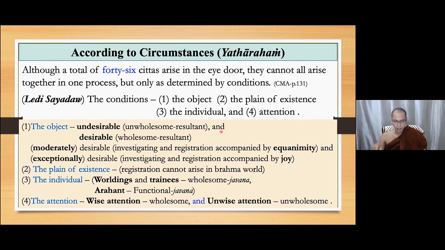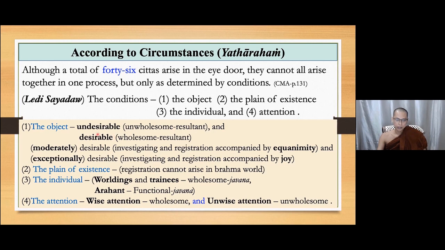That is investigating consciousness accompanied by equanimity. So in the case of Santirana, the investigating moment, that consciousness arises. And again, in the case of the registration moment, performing a different function, the same type of consciousness arises in that process.